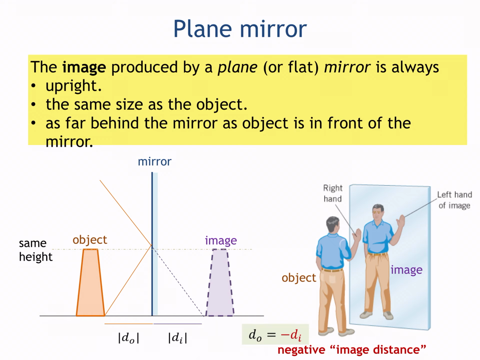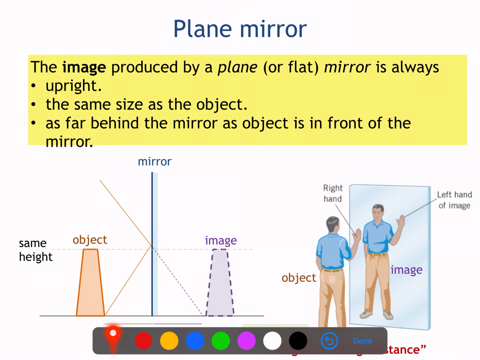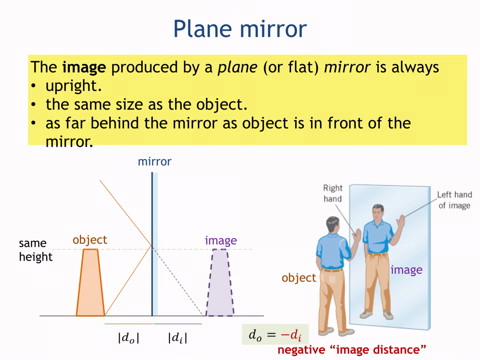And as we said last time, whenever there is a virtual image, the sign convention is to give that a negative sign for d sub I, the distance between the mirror and the image.